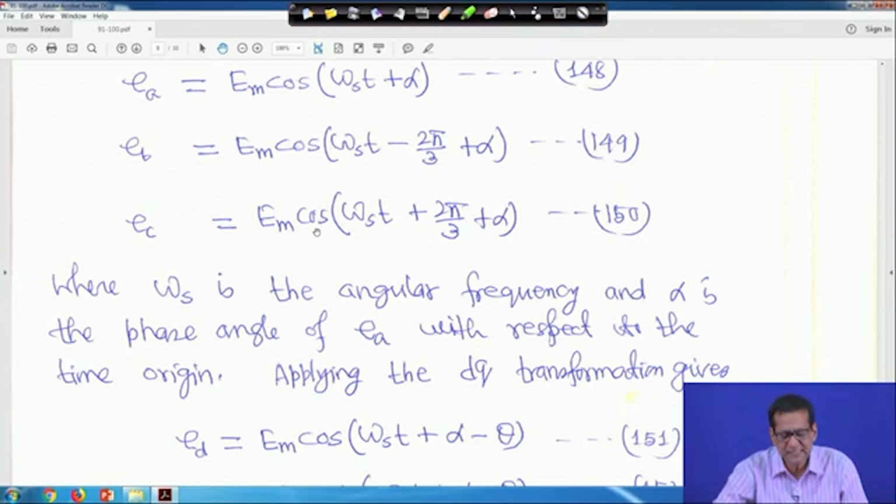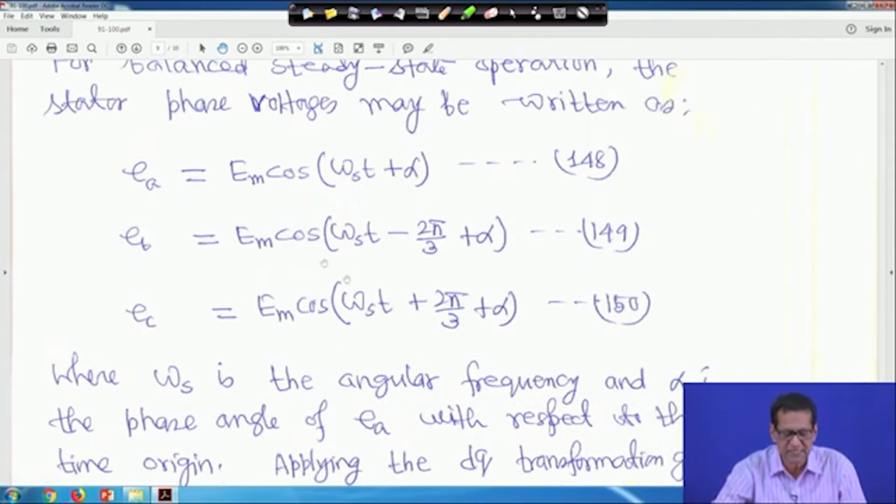Similarly, EC is equal to EM cos omega st plus 2 pi by 3 plus alpha. This is equation 150, right. Now, where omega s is the angular frequency and alpha is the phase angle of EA with respect to the time origin.